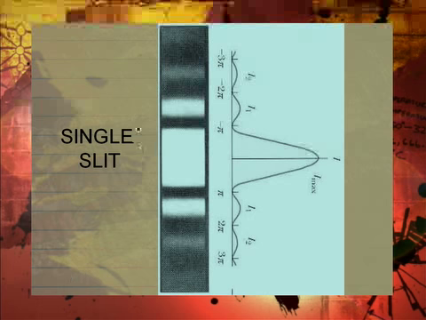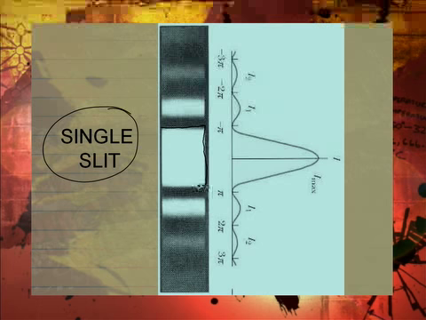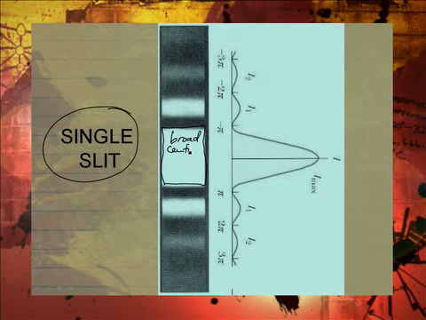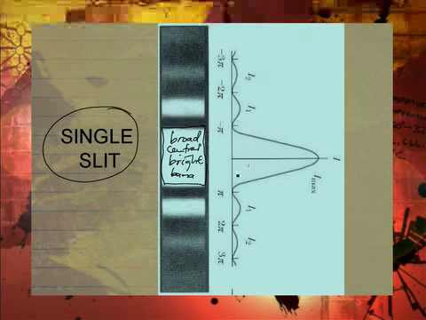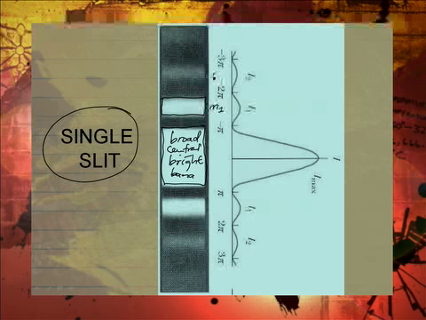Now if we've got a single slit like we were explaining, it is very important to understand that with a single slit, you have a broad central bright band, and this is when we're talking about light waves. So if it is light passing through a slit, you will have a broad central bright band. The other bands following that one are what we call the first minima, the second minima.